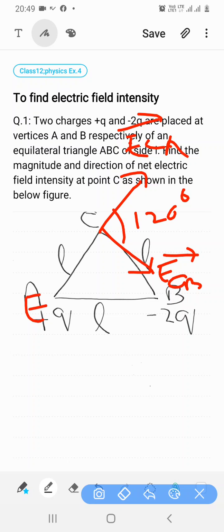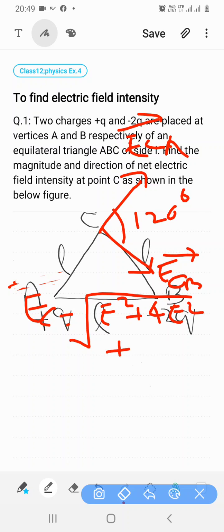So net electric field at point C can be written as EC is equal to under root ECA square plus ECB square plus 2 ECA ECB into cos 120 degree, that is E square plus 4E square plus 2 into E into 2E, that is 4E square into cos 120 degree, minus 1 by 2.